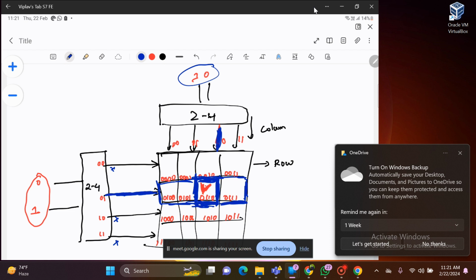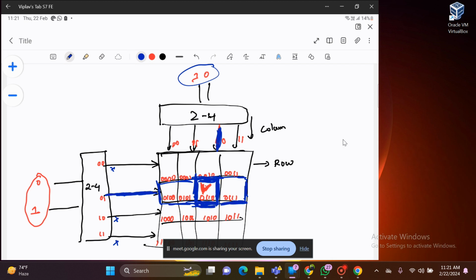Did you get it? It is very simple. This is called the row decoder and this is called the column decoder.